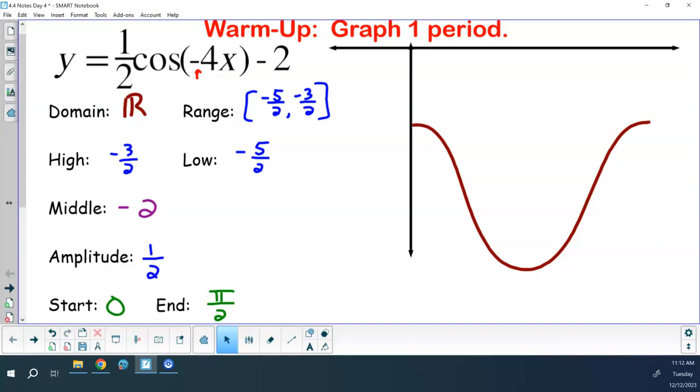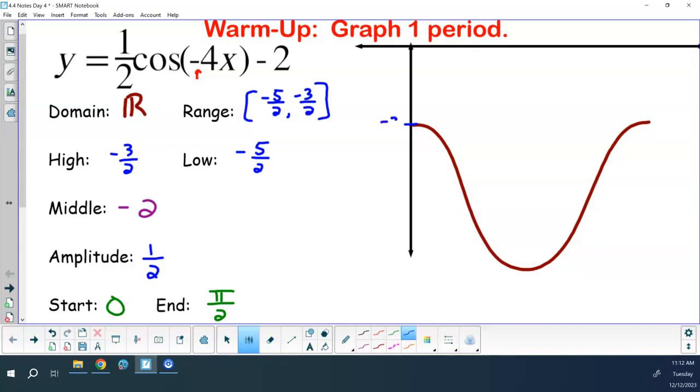And we started down 1.5. Oh, touch the brakes. Let's just move that right there over. Yeah. So vertically, our high value was -3/2. Our low value was -5/2.